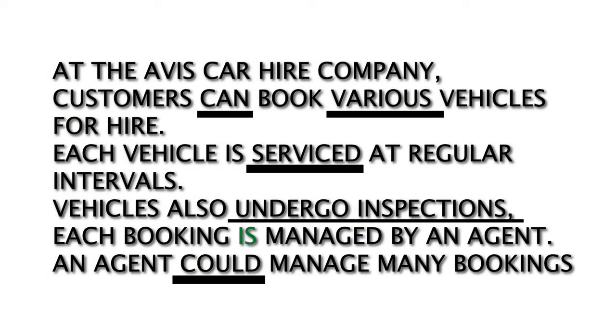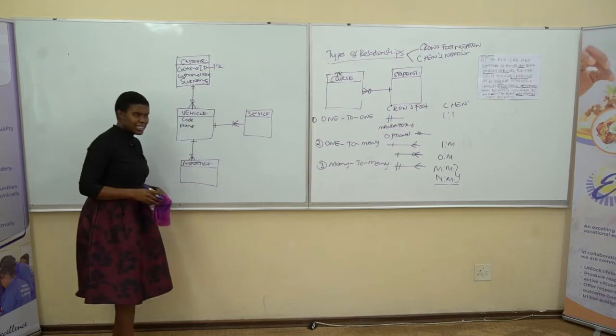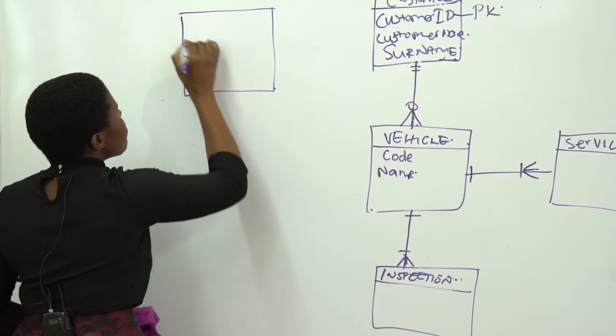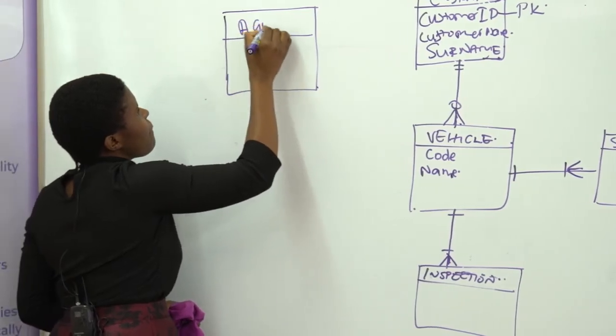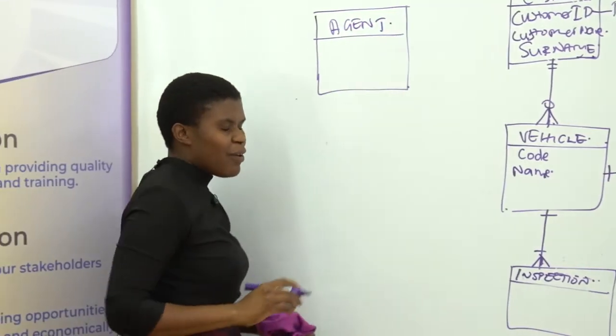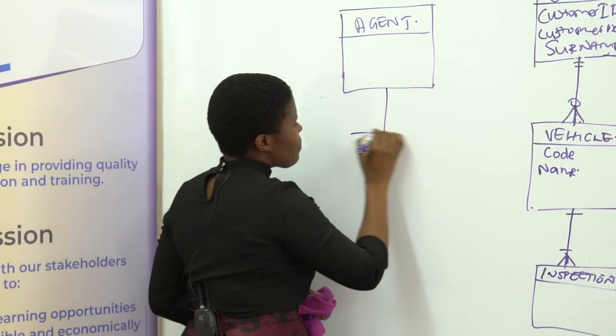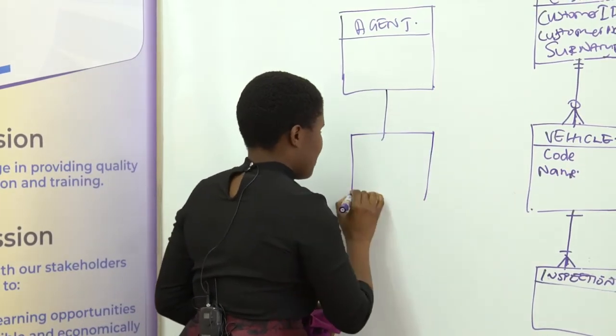It says that each booking is managed by an agent. We are introducing a new entity, which is an agent. What does an agent do? It makes a booking.